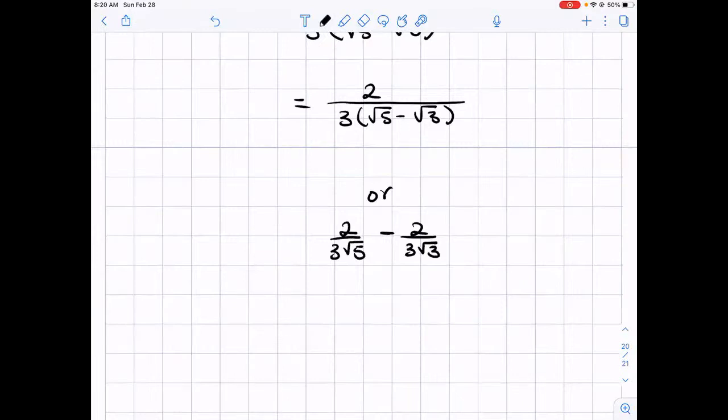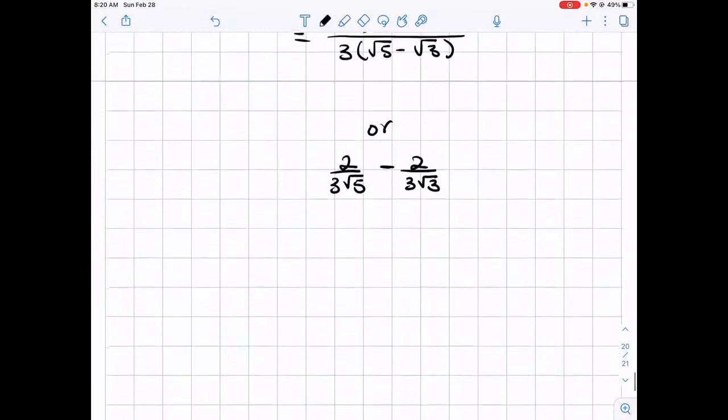Now, what happens if I ask you to simplify a radical, and the radical looks like it has 2 radicals? Sometimes when we have things like these, this is really a rational exponent.